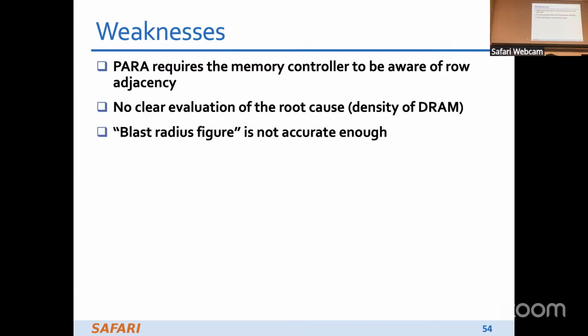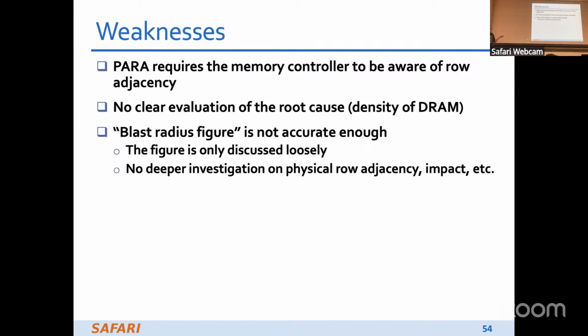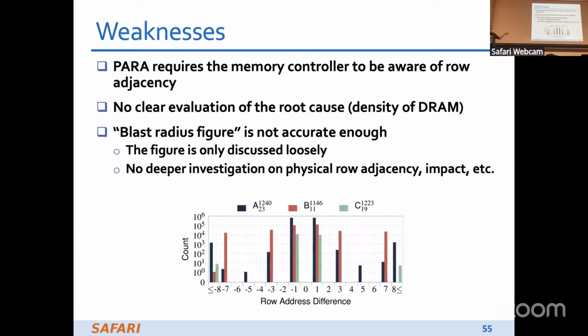And then the blast radius figure that I have shown and will show again soon is not accurate enough. So the figure down here is only discussed loosely in the paper, even though I think it's a pretty significant figure. And there is no deeper investigation on physical row adjacency and the actual impact of these aggressor rows on their neighbors.